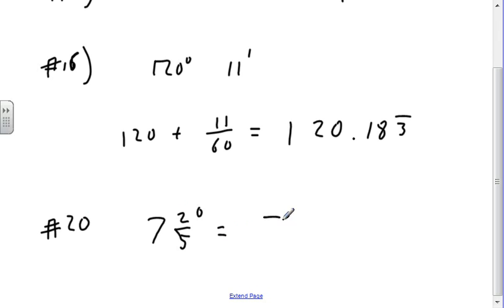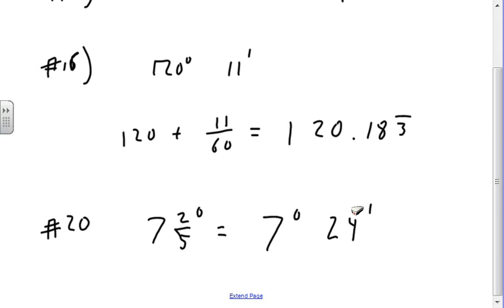So that would be 7 degrees. And then I go 2/5 times 60. And 24. 24 minutes. Okay, good enough.